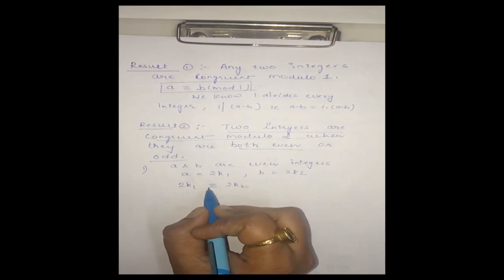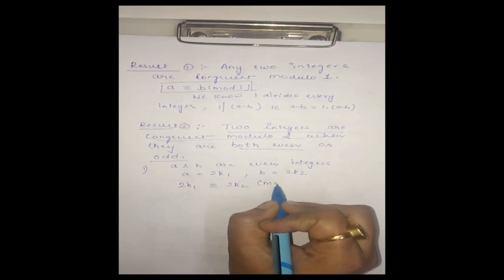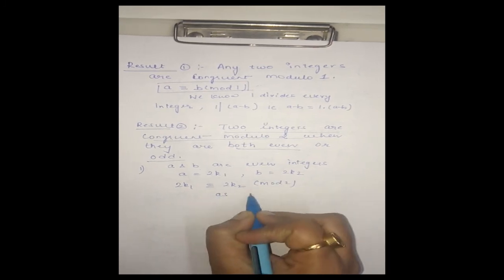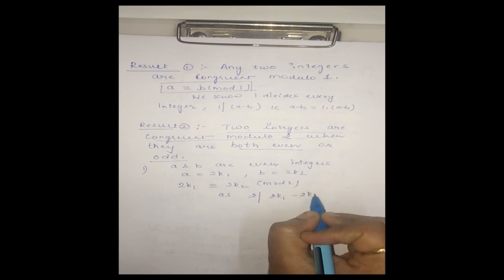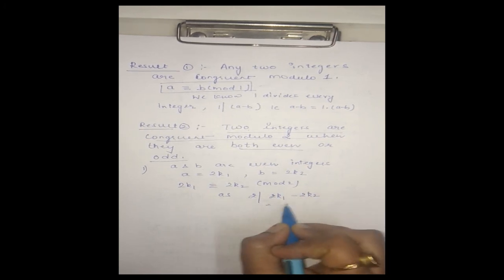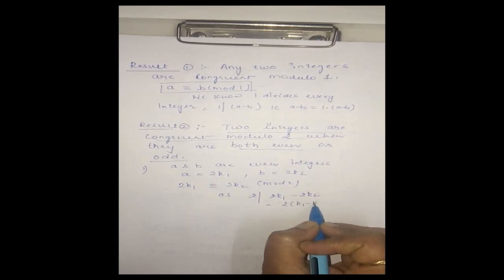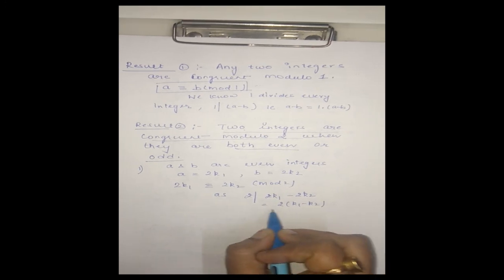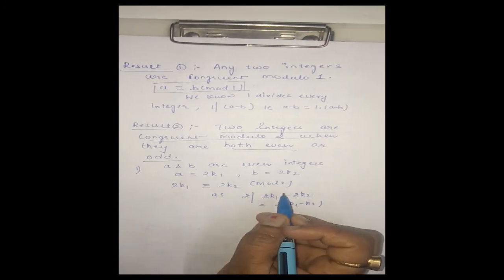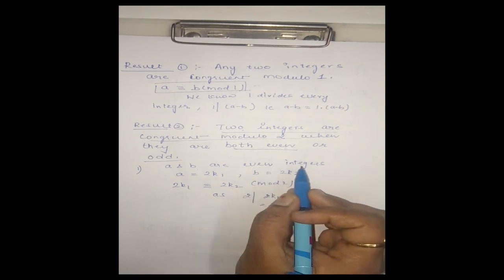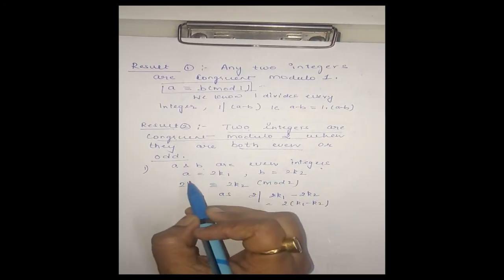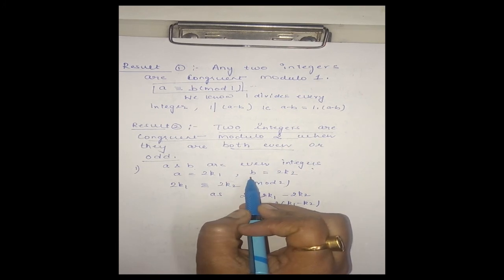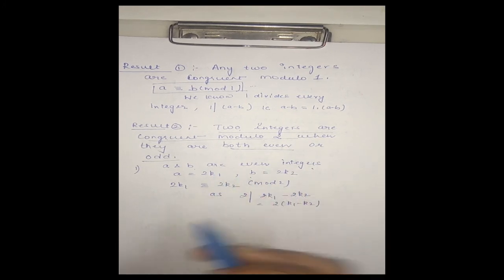Then 2k1 is congruent to 2k2 modulo 2 as 2 divides the difference 2k1 minus 2k2, and this is equal to 2 times k1 minus k2. Clearly 2 divides the difference. Then we can say a is congruent to b modulo 2 when both are even integers.